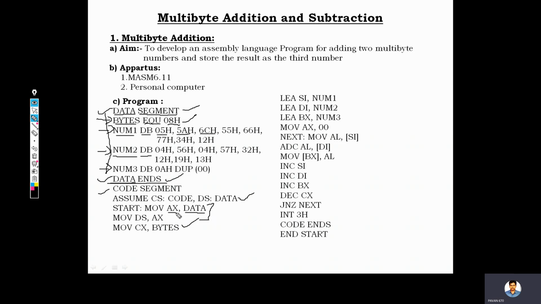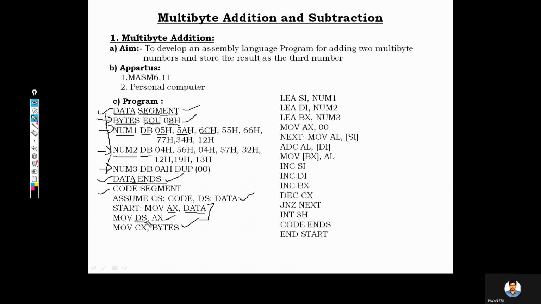So whatever the data segment's 16-bit base address, that will be moved into the AX register. And from there, because of the next instruction, MOV DS, AX, the base address held in AX will now be moved into the destination, the data segment register.